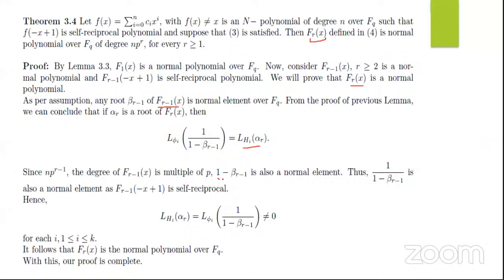Since 1 minus beta r minus 1 is a normal element, because fr minus 1 is a normal polynomial, therefore 1 upon 1 minus beta r minus 1 is also a normal element, because this is a self-reciprocal polynomial. So this is a normal polynomial. Therefore, the linearized polynomial of this element will be non-zero, and using this equation we have the linearized polynomial of alpha r is non-zero. Therefore, we have frx is the normal polynomial.